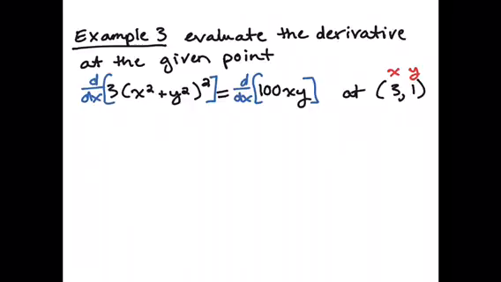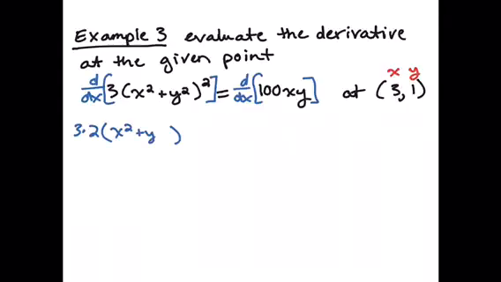And this is a pretty complicated derivative. On the left-hand side, I see chain rule. On the right-hand side, I see product rule. So on the left-hand side, I have 3 times something squared is going to become 3 times 2 times something to the first power.